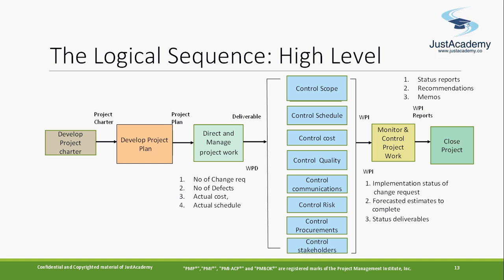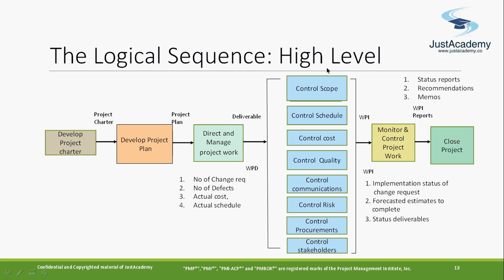You may need more resources, and then you create a status report or some recommendations, memos. Once you have the work performance information, you analyze that data and create some report. That's called a work performance report. So there is a difference. Work performance data is raw observation, some deliverables, what has been delivered, and that's work performance data.